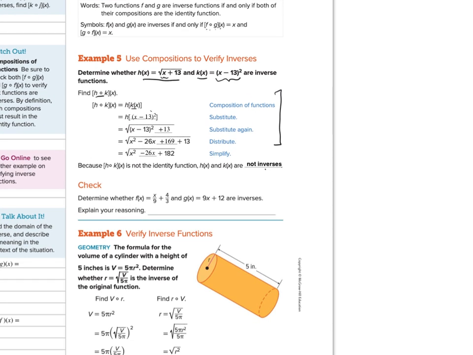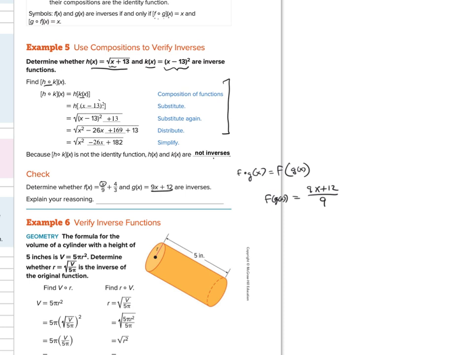Well, let's try it with this one right here. So I'm going to go with f of g of x, right? Wherever I have x in f, I'm going to input g of x. So f of g of x is equal to this, right? That'd be 9x plus 12 over 9, because I replaced that x, plus 4/3.